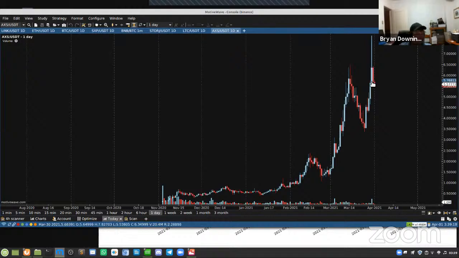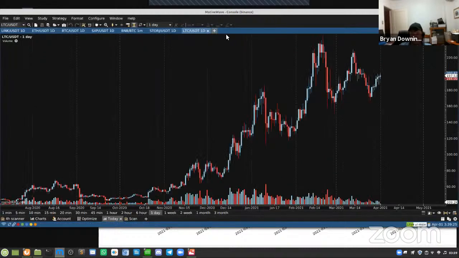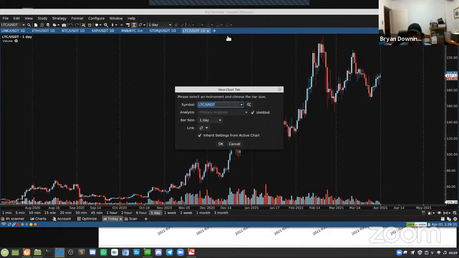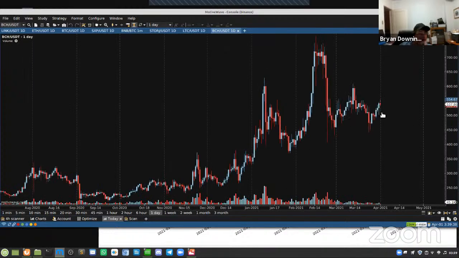Yeah, it looked like it moved there 2 days ago. BCH. See how that's looking. This is Bitcoin Cash. I think I've talked about it in my previous video. Down today, but had a nice little rally. REN 63%.